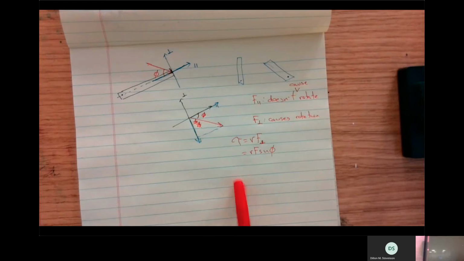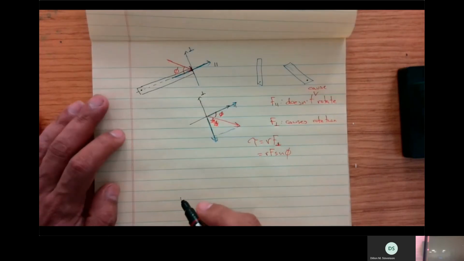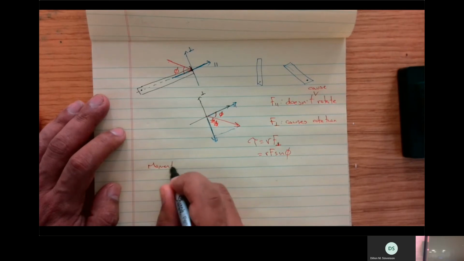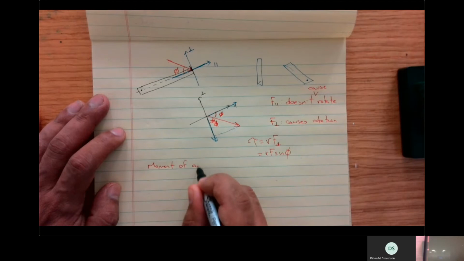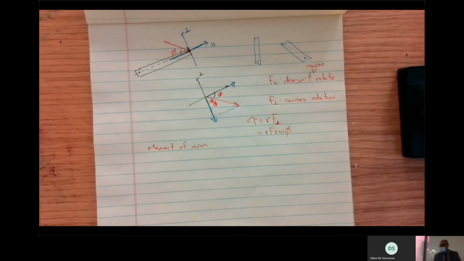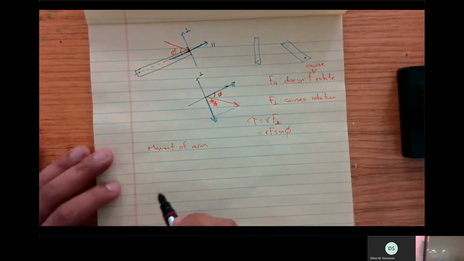That's one way that we can calculate the torque. Another way that we can calculate the torque is by using what is called the moment arm. I'm going to do it in a different configuration.